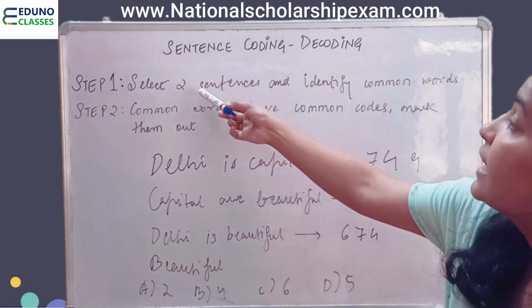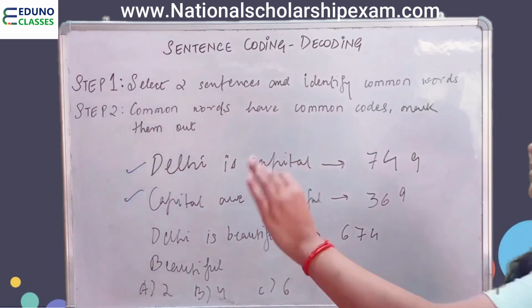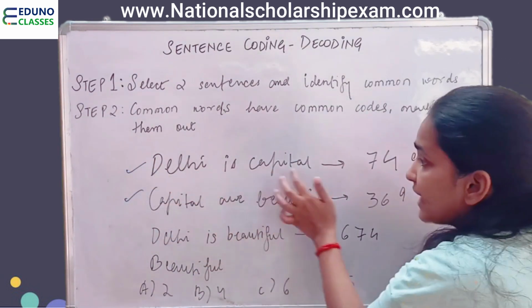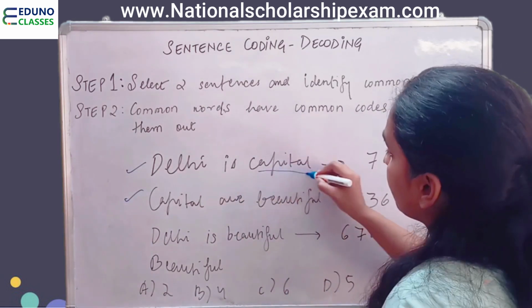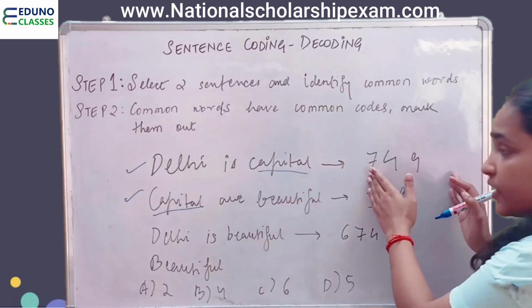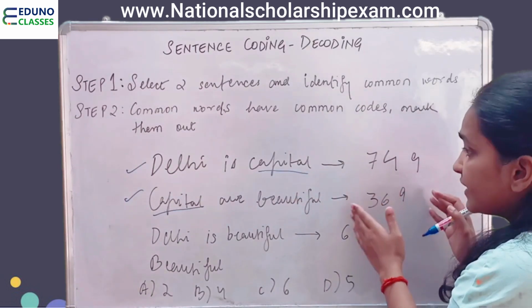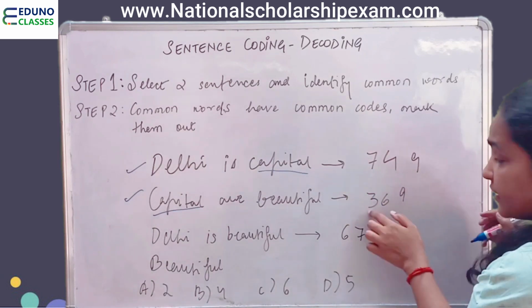The first step is to select two sentences. I am selecting sentence 1 and sentence 2 and identifying the common words: Delhi is capital, capital are beautiful. The word capital is common. The code of capital will be the same in both sentences. What is common in the two codes, 749 and 369?